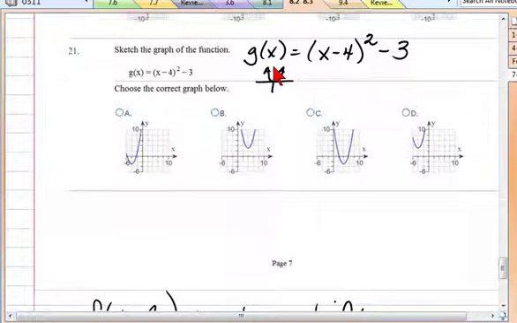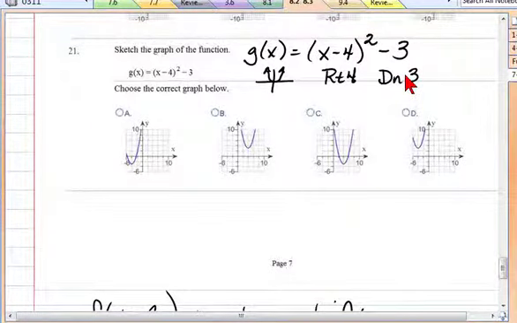There are two numbers. I look inside first. What does the inside minus 4 tell you? It's going to go to the right 4. What does the outside minus 3 tell you? Down 3. So I am looking for a U-shaped graph that moves right 4 and down 3.